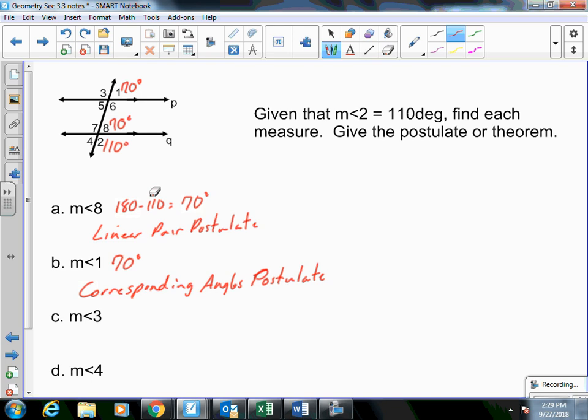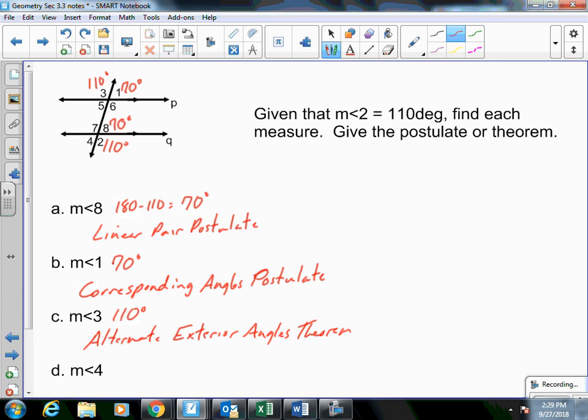And the alternate exterior angles theorem tells us that those are going to be the same. So 3 is also going to be 110 degrees.